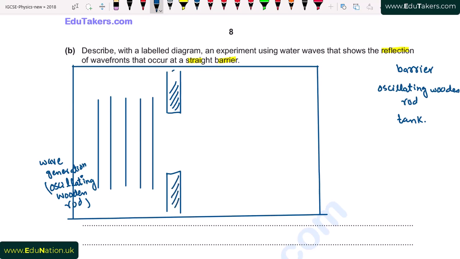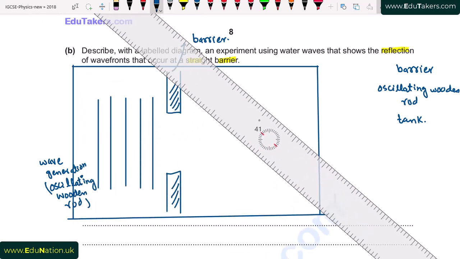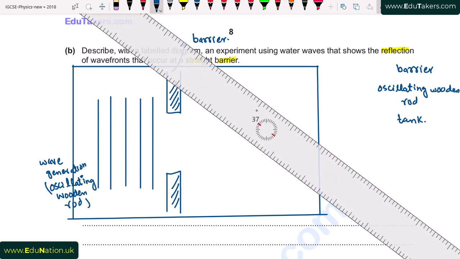I label them as barriers. So there will also be a wooden rod glued to the edge. So it will be this one, and it acts as a barrier.